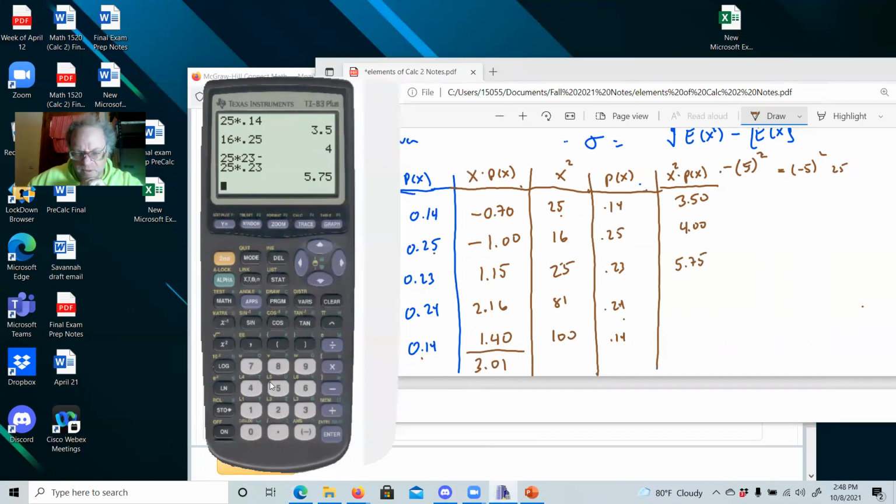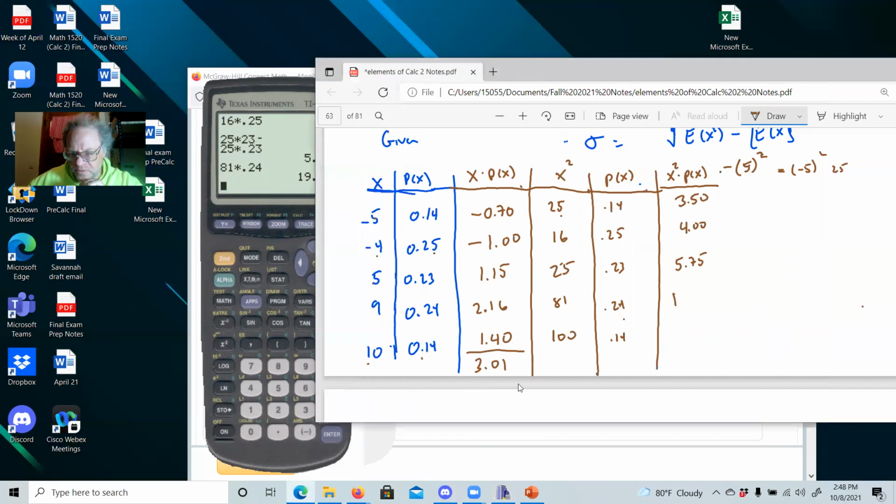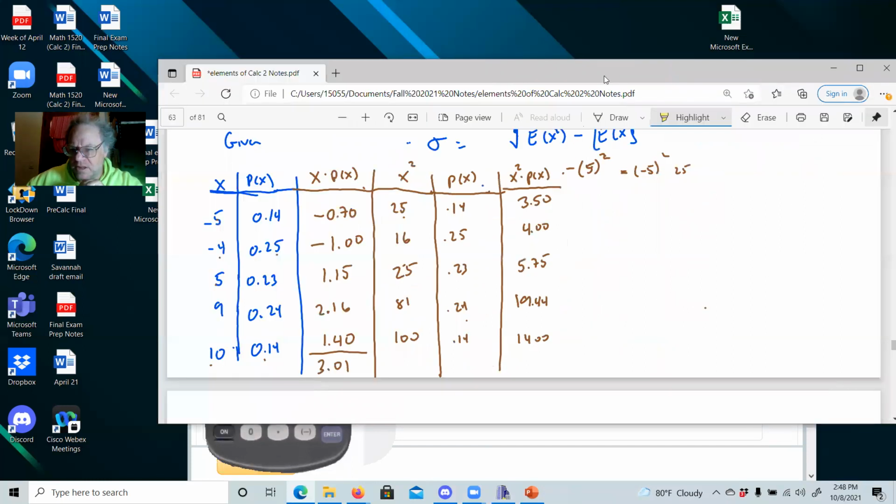Okay, 81 times 0.24. $19.44. All right, and 100 times 0.14. This should be 14. Oops. No 2 zeros. That was a mistake. It's just 14.